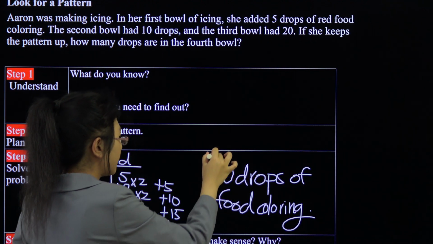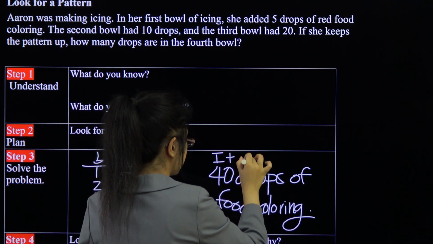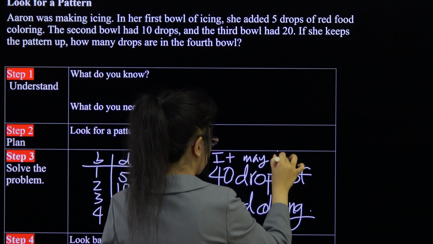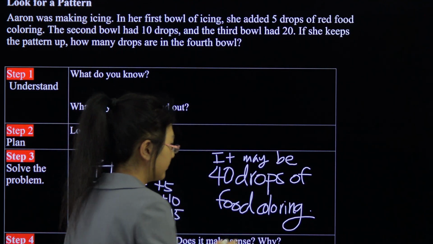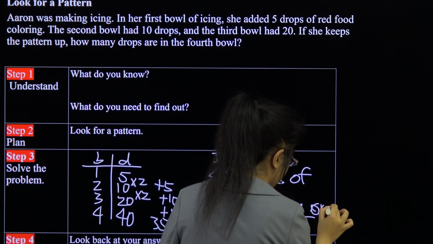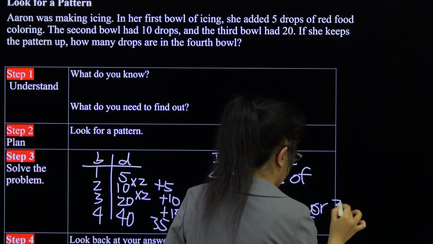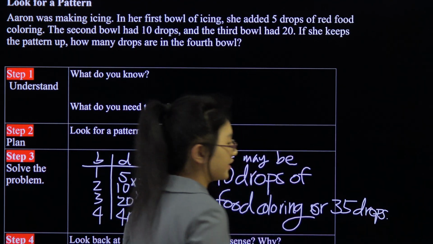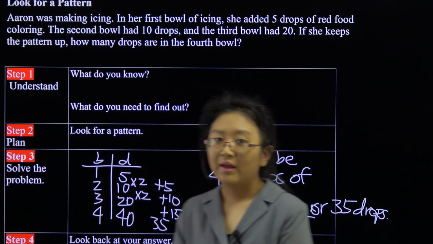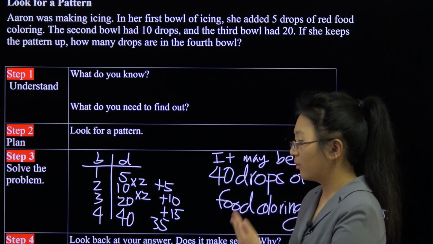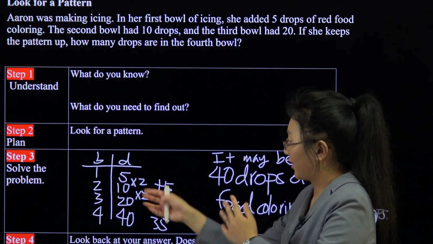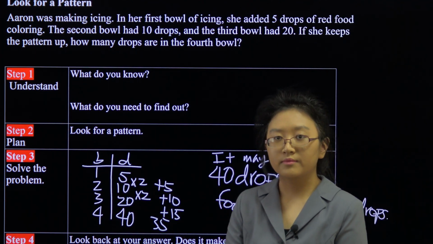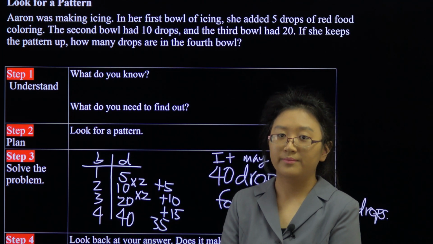So it may be 40 drops of food coloring, or 35 drops. Sometimes this happens in patterning. Usually that's why there are more terms or more points that we get to help us define the pattern.